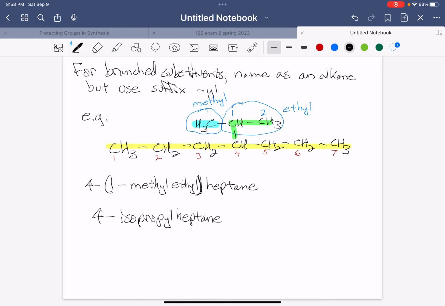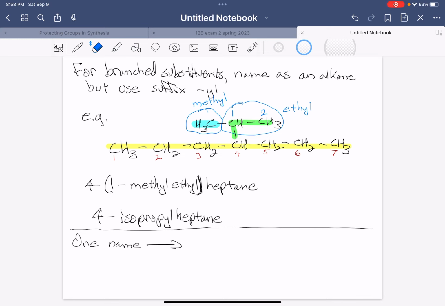To sort of sum up, in the end, one name should give you only one structure. That's probably the most important thing about nomenclature.